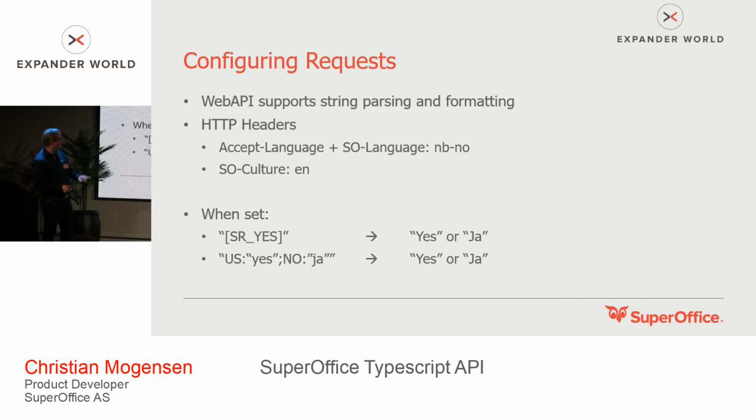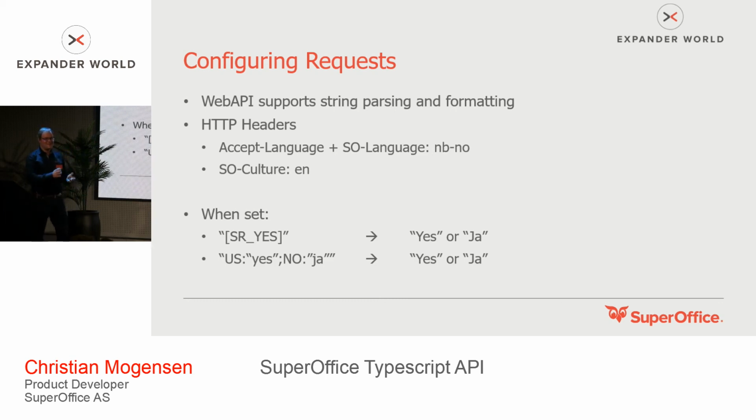If there are resource string IDs in square brackets, those will be converted into the appropriate language in the response. If there's a multi-language string in something, then we'll extract the correct language string from that and pass that back. So if you said you like English, then you'll get the English language strings. And if you said you would like Norwegian, you will get Norwegian if that's available.